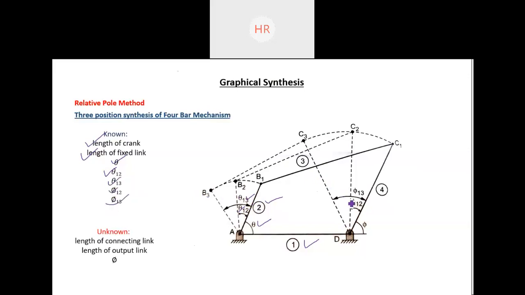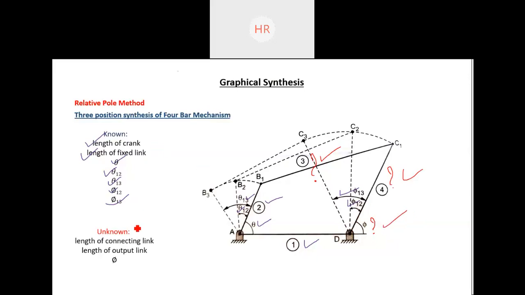The unknown things are the length of connecting link, the length of this link 3, the length of link number 4, and this output angle phi. So in three position synthesis we are required to find these three unknown quantities.